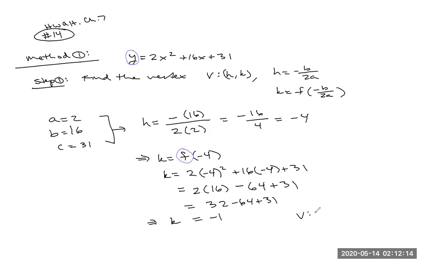So the vertex is located at (-4, -1). Take a picture of that if you need it. I'm going to save it, and then I'm going to clear the whole bottom part out.